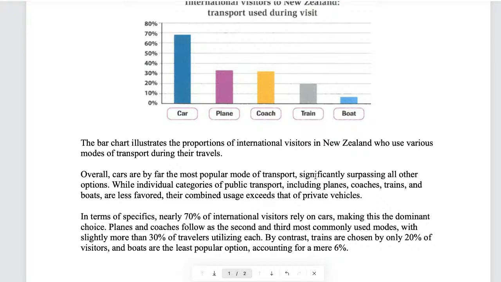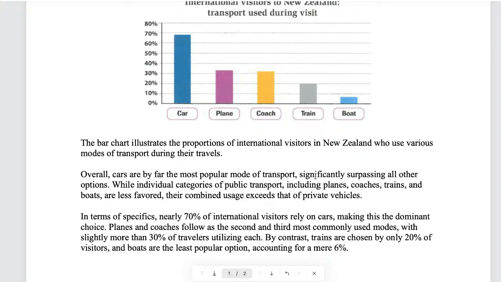Okay, continue guys. Significantly surpassing all other options. Have you finished? Okay, now Minh Đức read the full sentence again. Overall, cars are by far the most popular mode of transport, significantly surpassing all other options. Yeah. Comma is a comma, not come on.